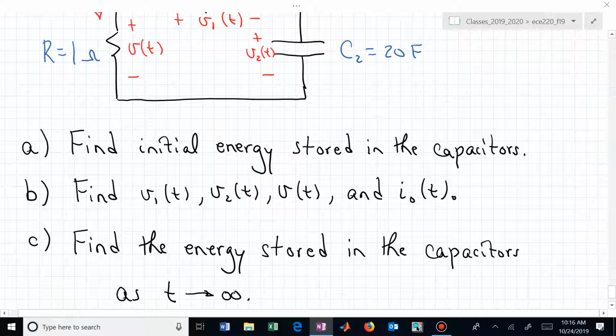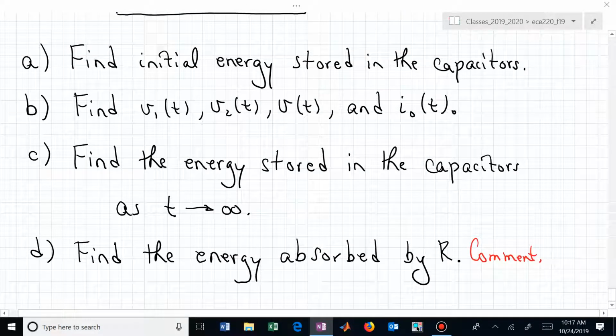Is there still energy in those capacitors as time goes off to infinity? And find the energy absorbed by R and comment. So now you need to write a paragraph on your comment to what happened with that energy relative to R.